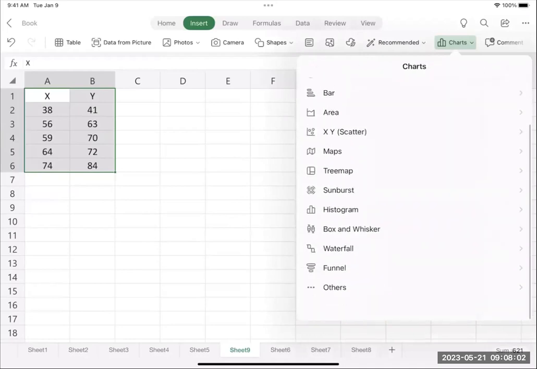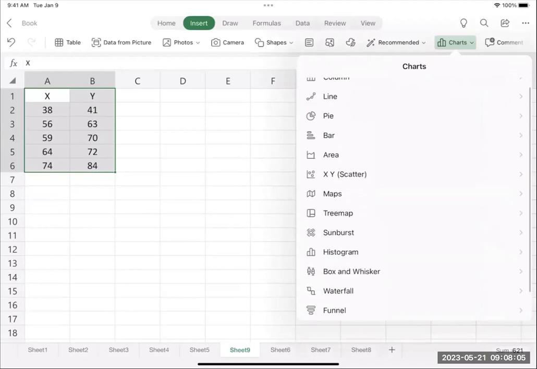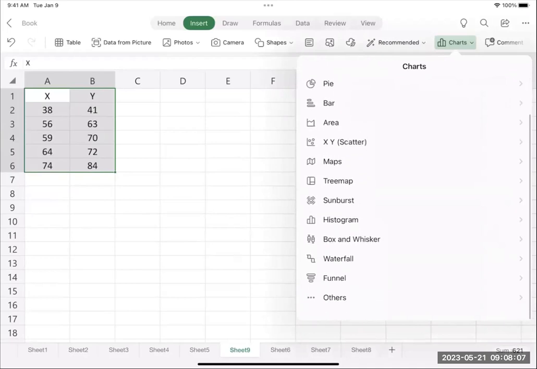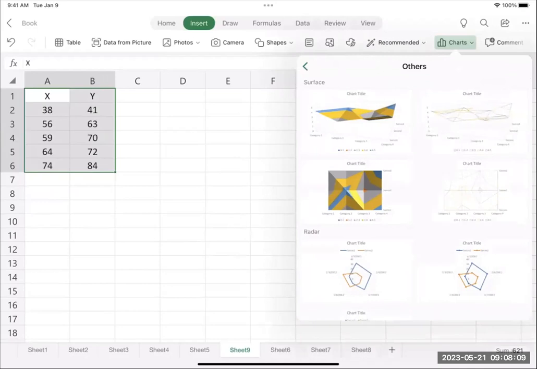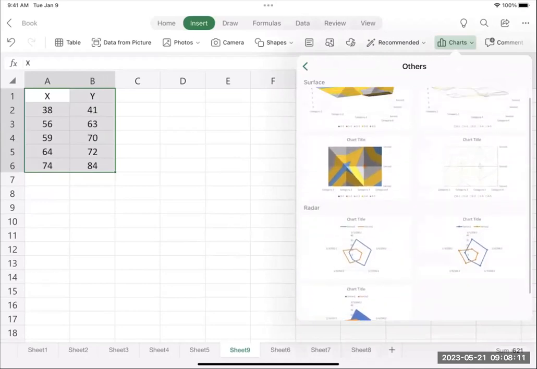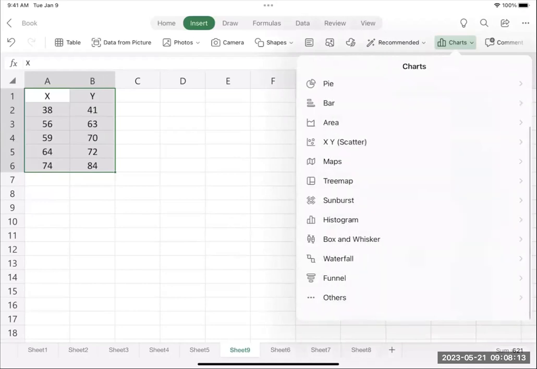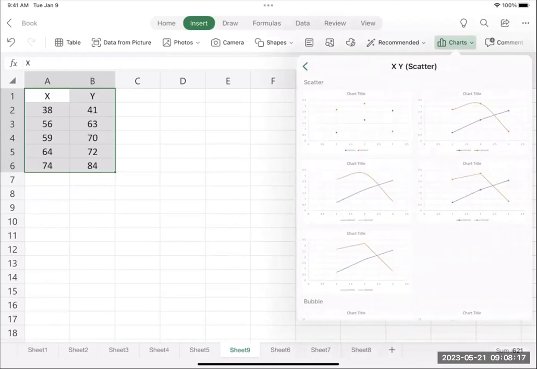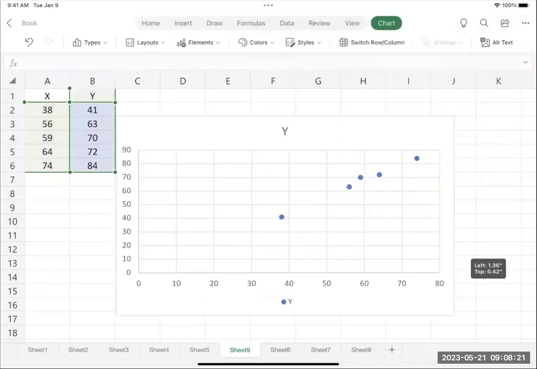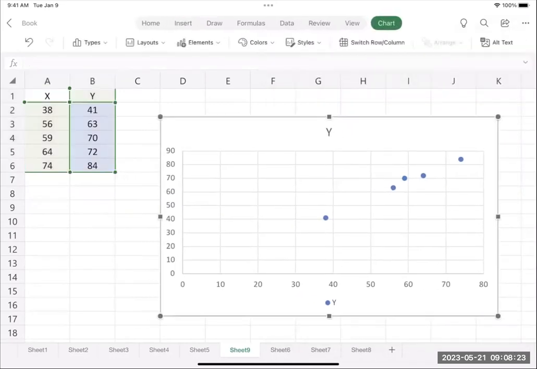I think I just want this one. Yeah, just the dots. I don't want it to chart. I don't want to split the data up. I want X and Y on a scatter plot. There we go.